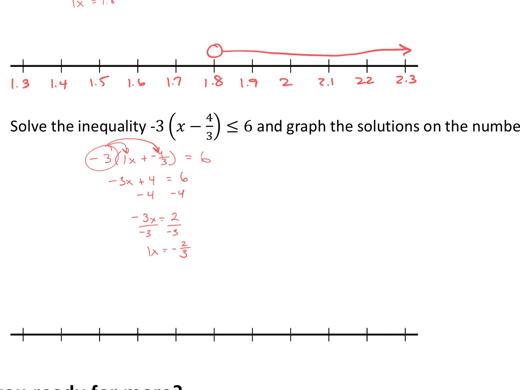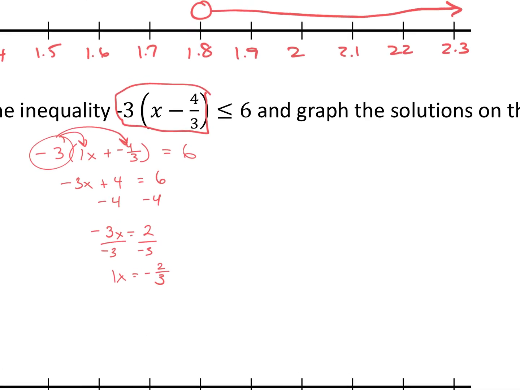So I know that when x is -2/3, this whole thing right here is going to be equal to 6, but I need numbers that give me less than 6. So I have to do a solution test to determine if I want numbers bigger than the -2/3 or smaller than the -2/3. So I'm going to start with 0.